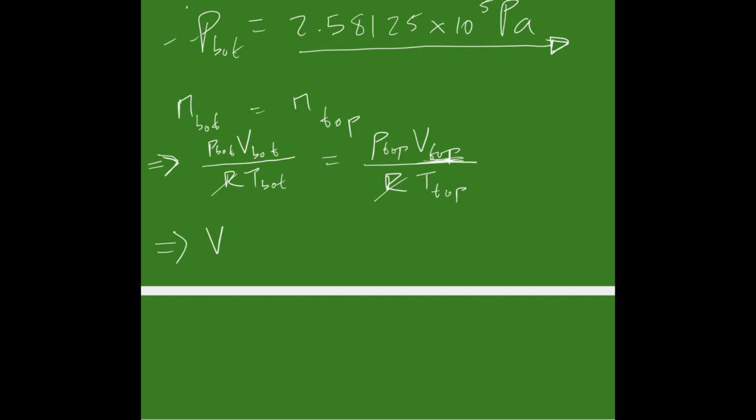So the volume at the top becomes, so we multiply both sides by T top, and we divide both sides by P top.